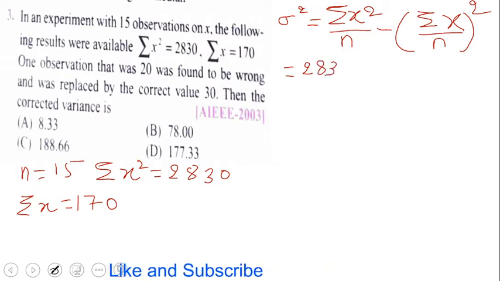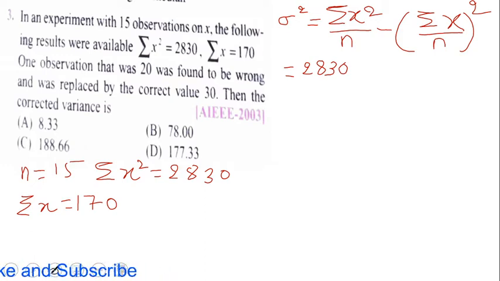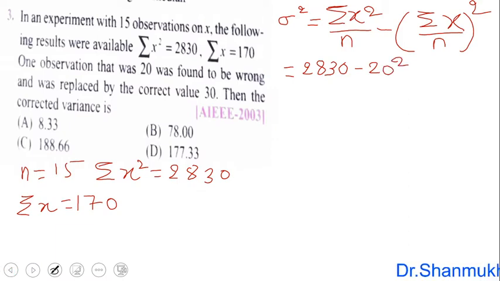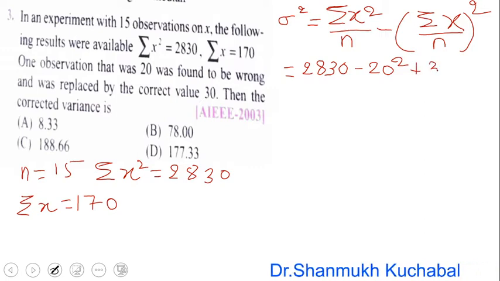2830. Here it was observed that 20 was wrong, so we take minus 20 square. And 30 was correct, so we add plus 30 square.